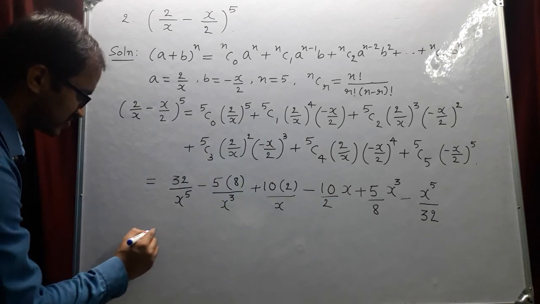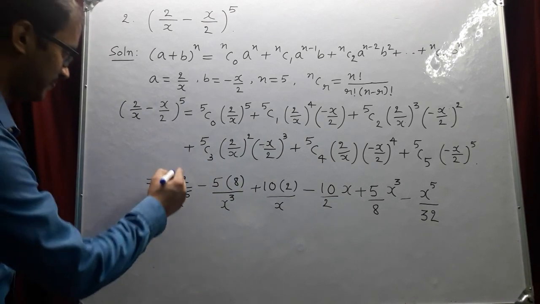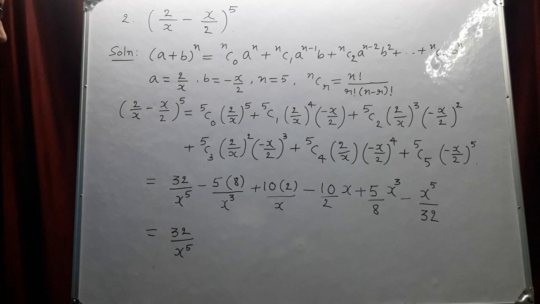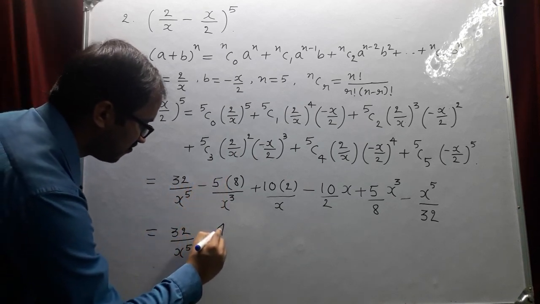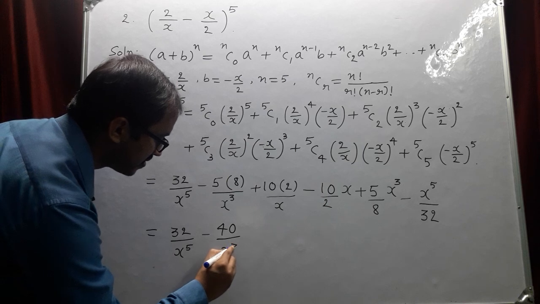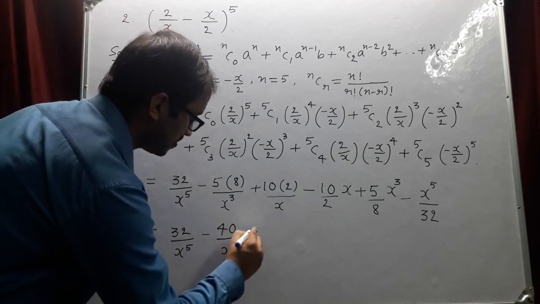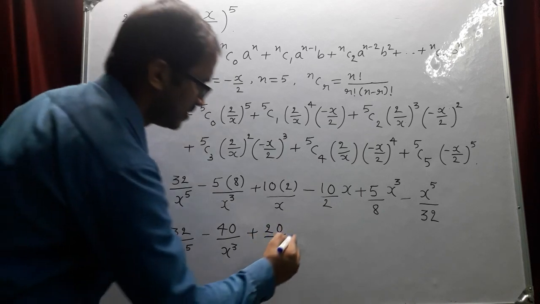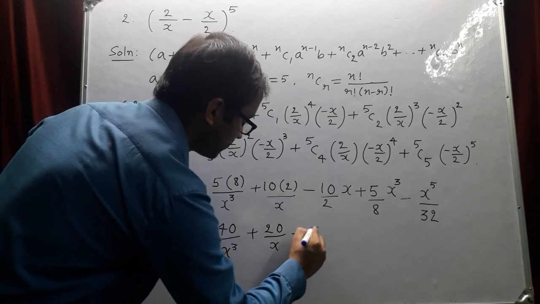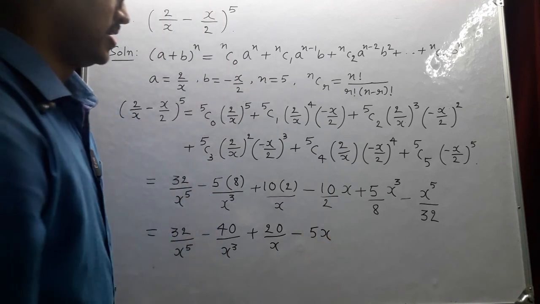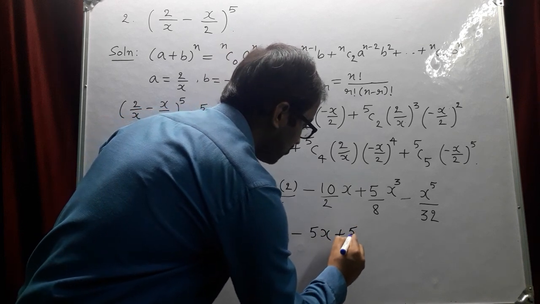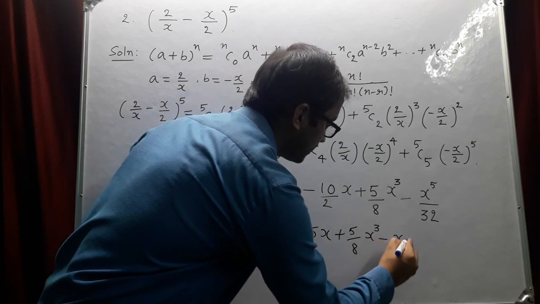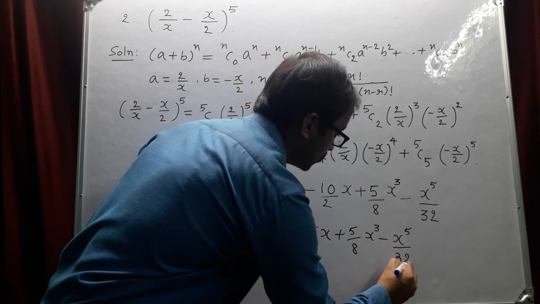So simplify this one. If you simplify, 32 by x power 5 minus 40 by x cube plus 20 by x minus 10 by 2, that is 5x, plus 5 by 8 x cube minus x power 5 by 32.